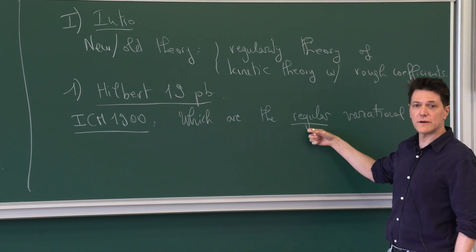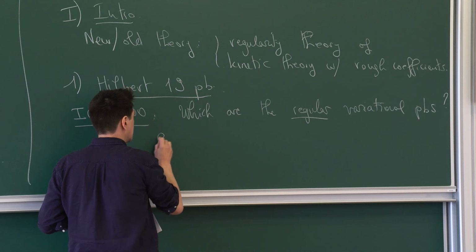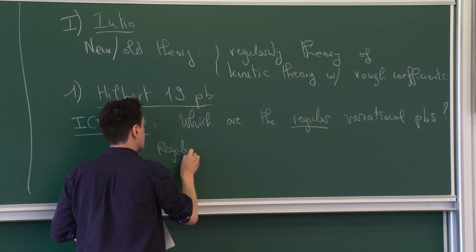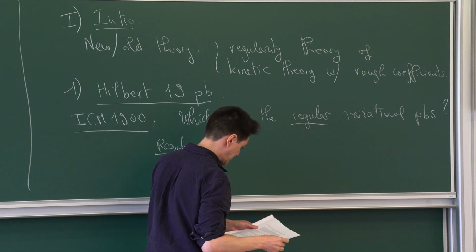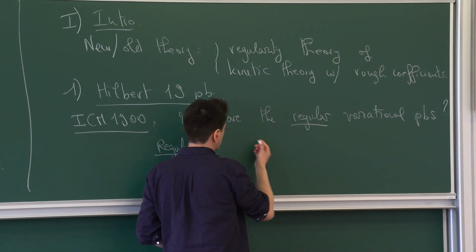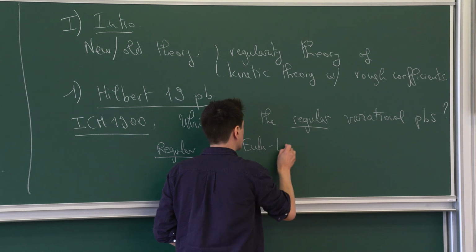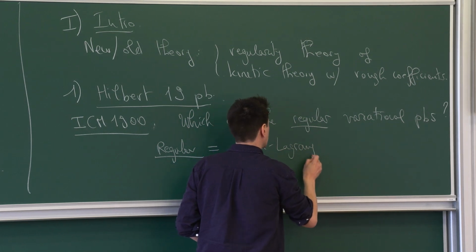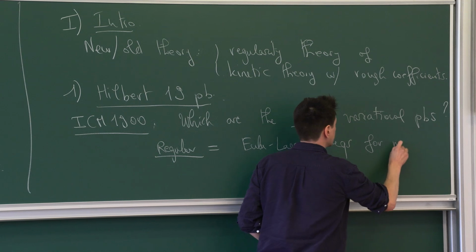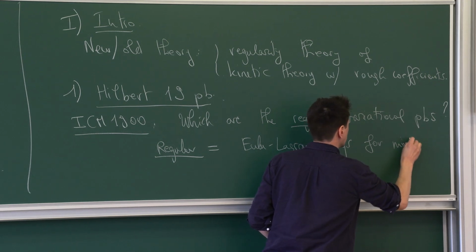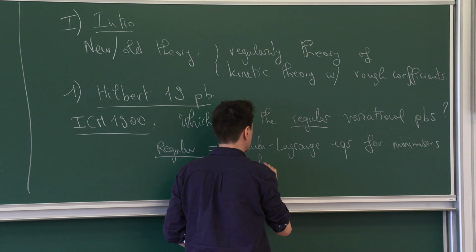And by regular, for Hilbert, a regular variational problem means in this context, in practice, formulated in modern terms, that the Euler-Lagrange equation for the minimizers have analytic solutions.